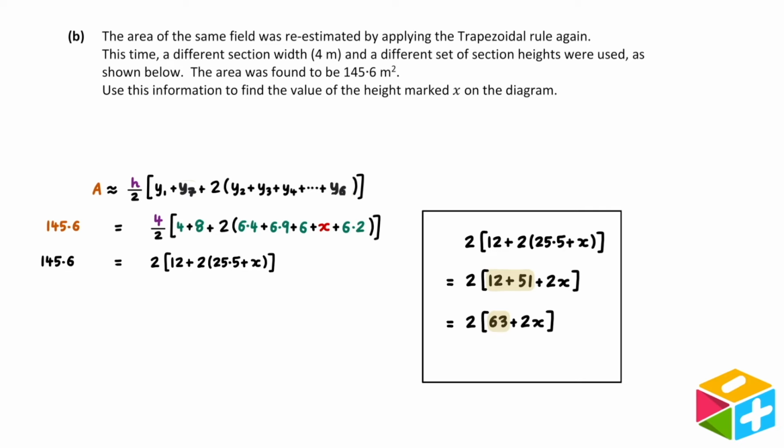Now, I can add together the 12 and the 51. This gives me 63. From here, we can multiply out the square brackets. 2 times 63 is 126, and 2 times 2x is 4x.